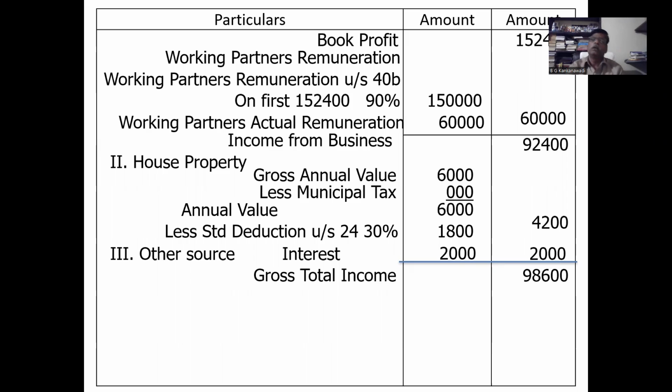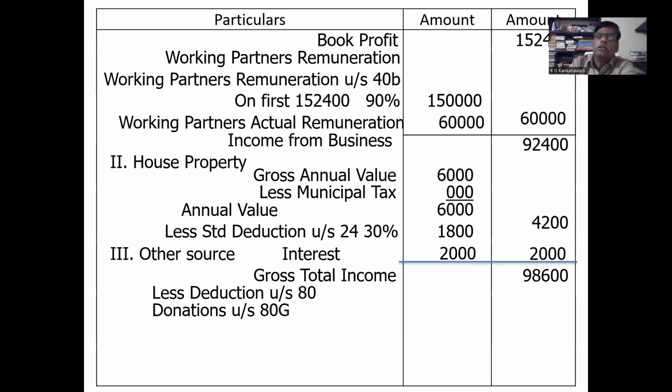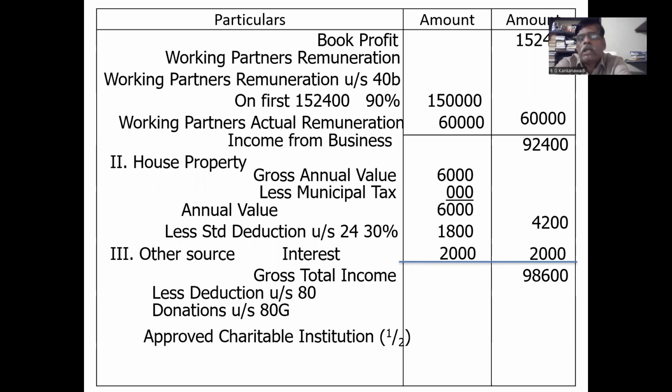Gross total income. Okay. Less deduction under section 80, that is 80G. Under 80G, donation to charitable institution, 1,000 rupee. 1,000.